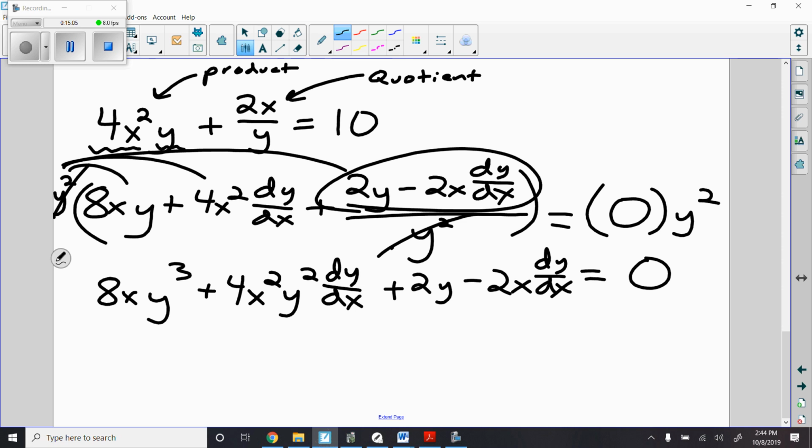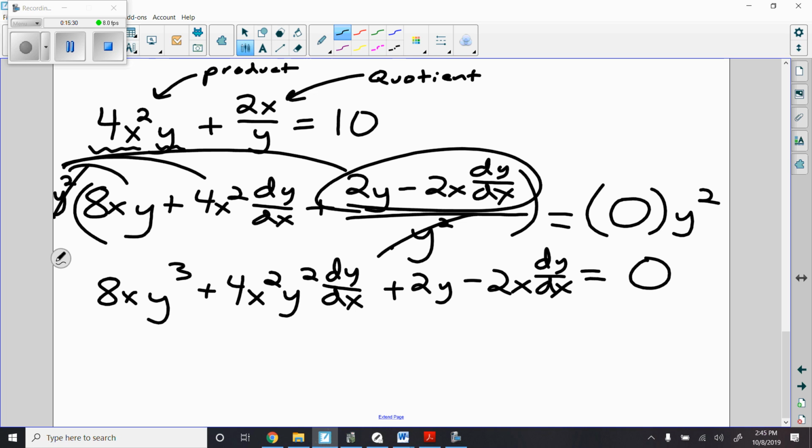Okay, now I have to get the dy/dx's by themselves on the same side of the equal sign. Well, they already are. But here's the thing. I'm going to do this one a little bit differently than I've done the others. Instead of leaving the dy/dx's alone and moving the 8xy cubed and the 2y, that's going to make both of those negative, and it's going to make 3 of the 4 terms negative here.